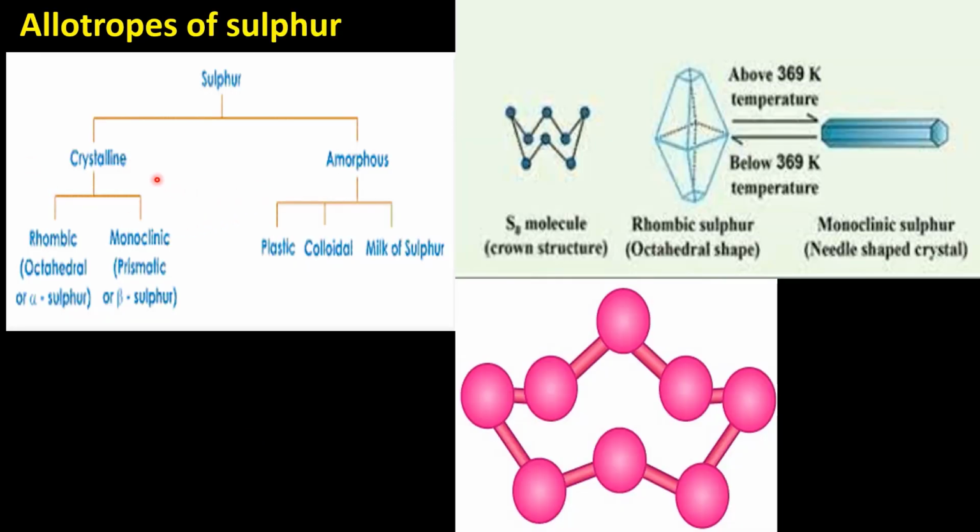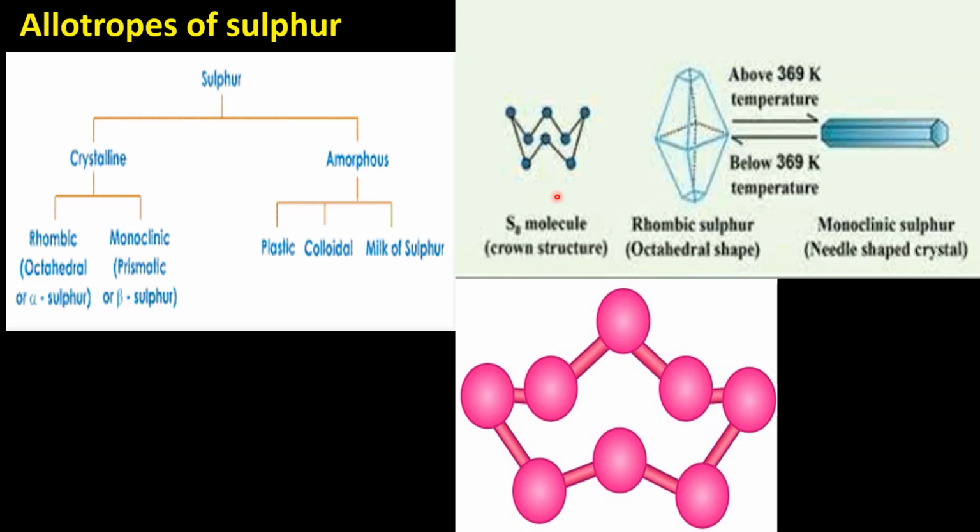Allotropes of sulfur. Sulfur is available in two forms, crystalline allotropes and amorphous allotropes. Crystalline allotropes are rhombic and monoclinic sulfur. Monoclinic sulfur is also referred to as prismatic or beta sulfur. Rhombic sulfur is also referred to as alpha sulfur, whereas amorphous forms of allotropes are plastic, colloidal, and milk of sulfur.